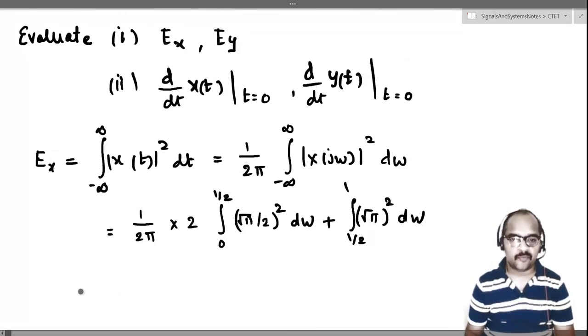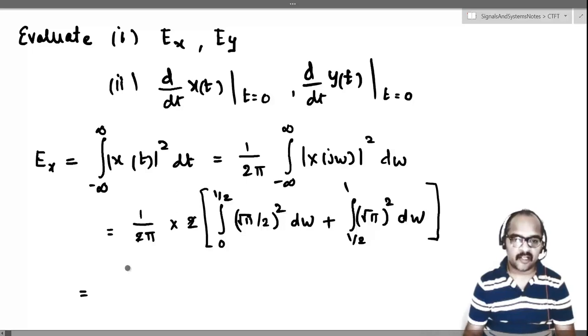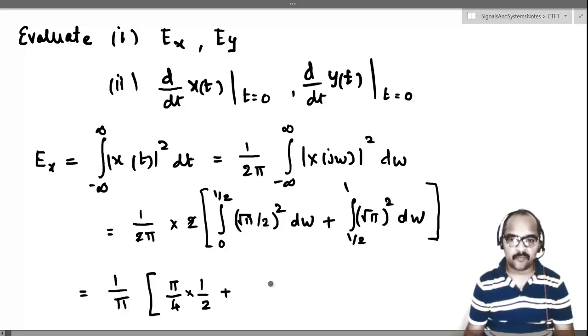So this should be equal to how much? 2 is multiplied with both of them, so this 2 will get cancelled. This should be 1 by pi. What would be the first integral here? That should be pi by 4 multiplied with 1 by 2, plus root pi whole square is pi, and that is multiplied with 1 by 2.